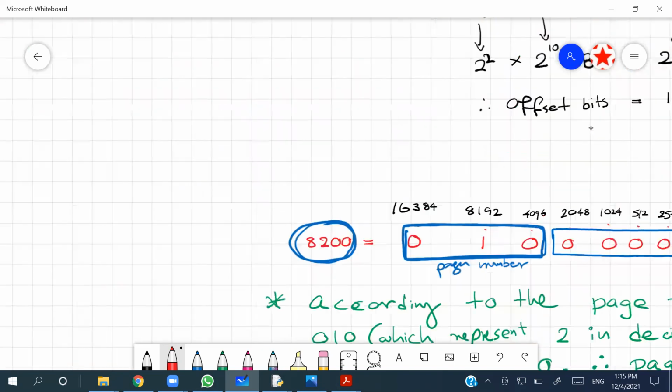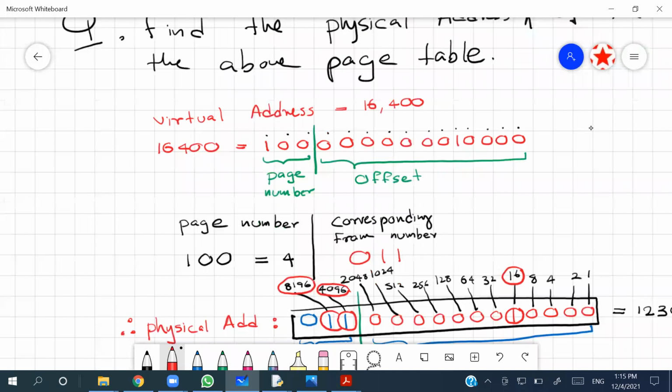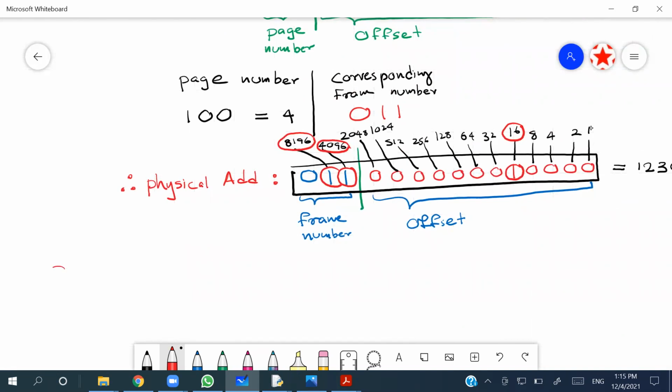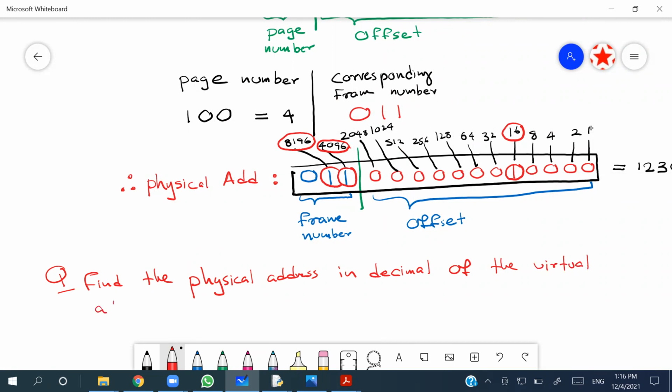So the question is this. I'll write the question over here. Find the physical address in decimal of the virtual address 24,600 by using the above page table.